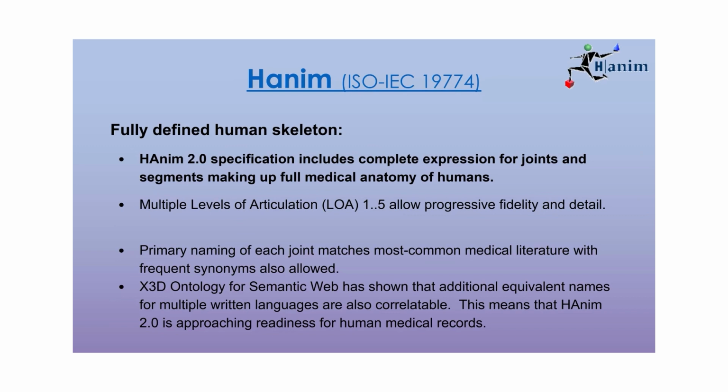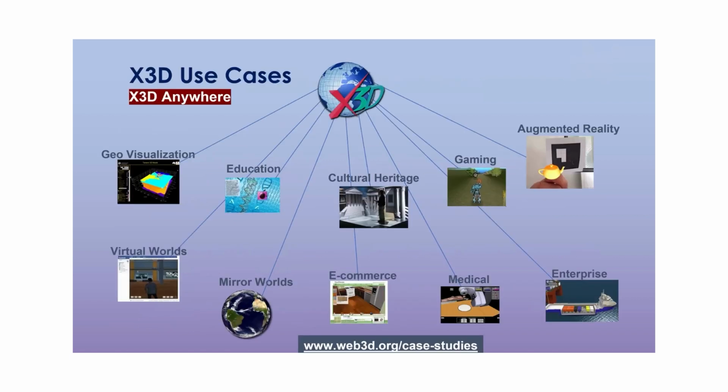And also it uses the X3D ontology for the semantic web. We have several use cases in different domains, from geospatial to mirror worlds to e-commerce, cultural education, medical. Use cases are on the website, so please check them out.